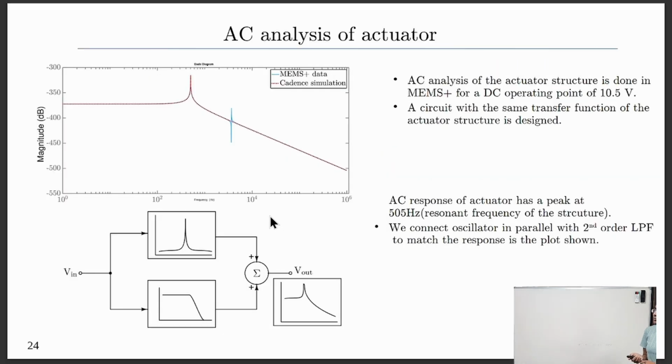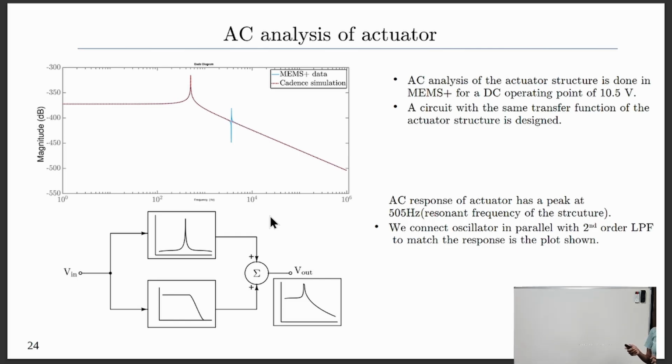And the third one was the actuator lookup table, which, the one we discussed previously, does not capture the frequency response. So instead we have designed a circuit using passive components, which will have the same transfer function as the actuator.